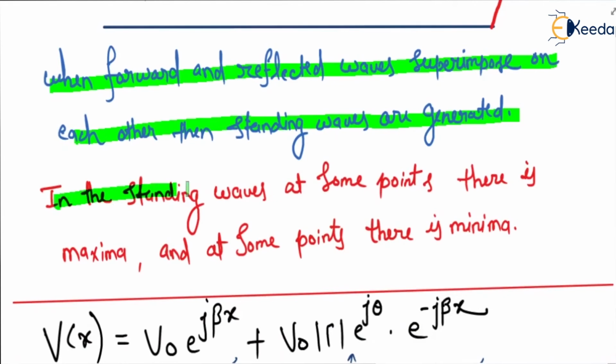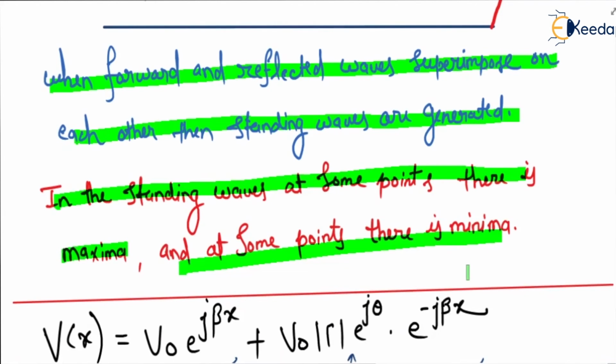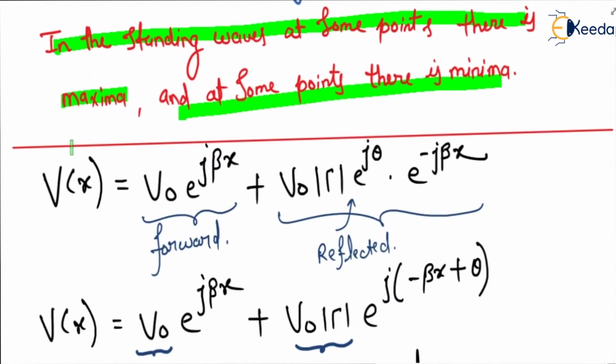In the standing wave, at some points there is a maxima and at some points there is a minima, right? Either we measure voltage, current, or impedance. So let me understand, we write Vx, the voltage on the transmission line.